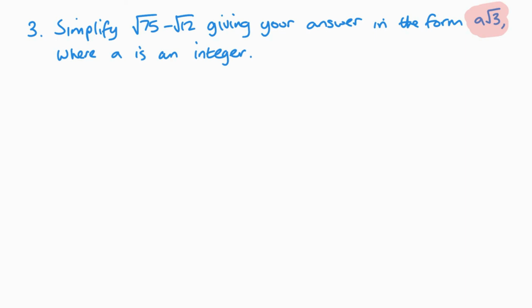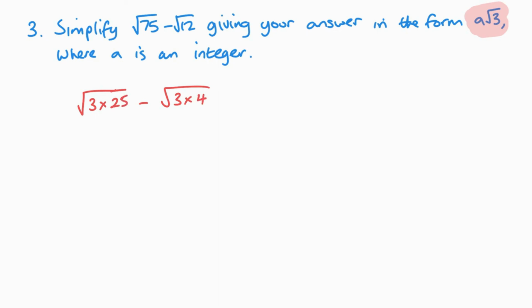So sometimes they do like to do this kind of thing. But knowing that it is a root 3, when I'm setting these up, I am thinking it's going to be 3 times something. So that hint is in there. So the first one is 3 times 25, and the second one is 3 times 4.